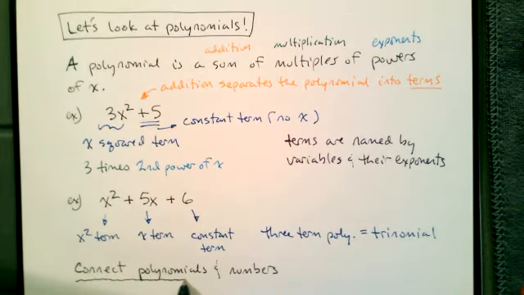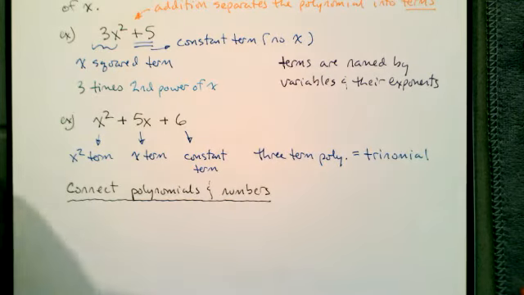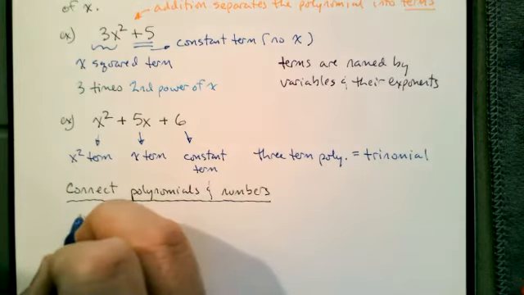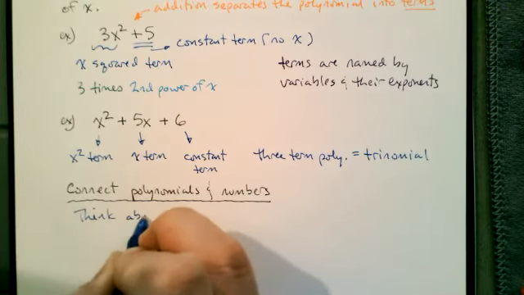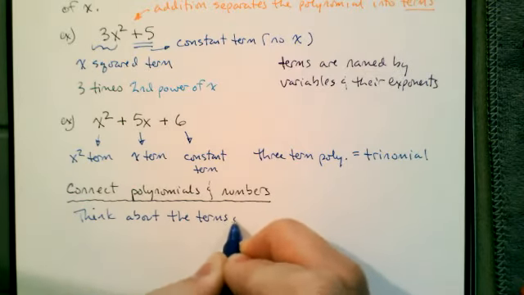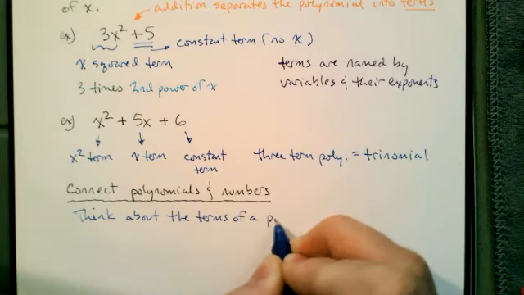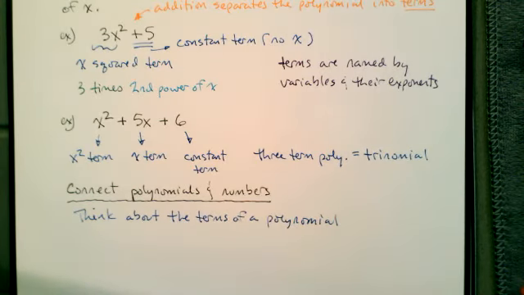Here's the thinking that goes into this. Think of the terms of a polynomial as the digits of a number.